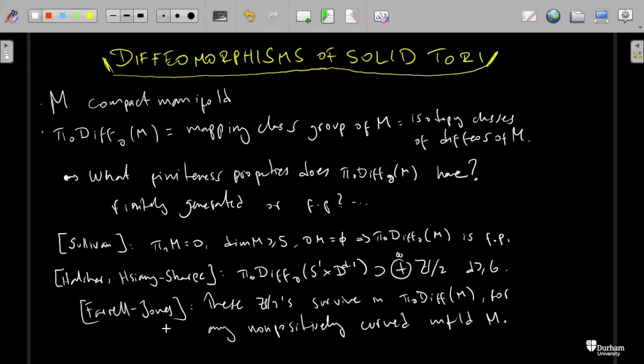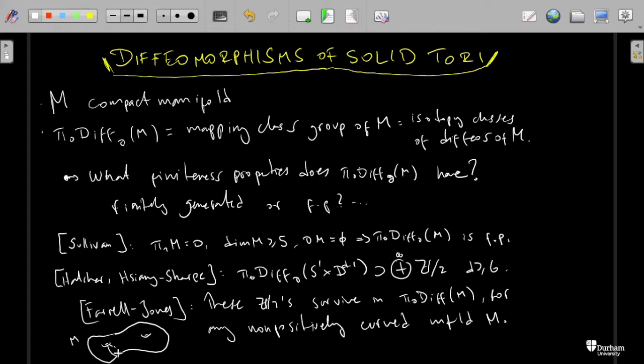And the way, maybe I can draw a very little picture here. Hope you can see it. The way you implant these guys into the manifold M of negative curvature is in the most natural way. So this is your manifold, and you have here a closed geodesic.